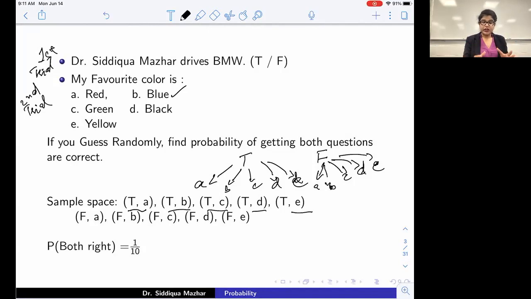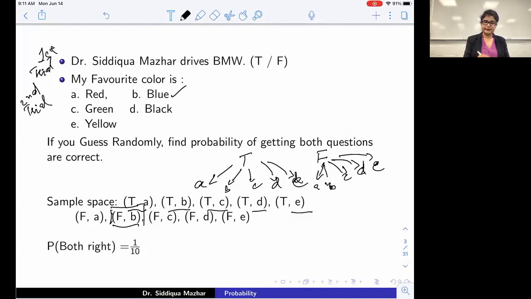But if you are looking for the probability of both of these answers being right, there is only one option. I am not driving a BMW, and my favorite color is blue. So the option is false and B. This is the correct option, but it occurs in this sample space only one time.